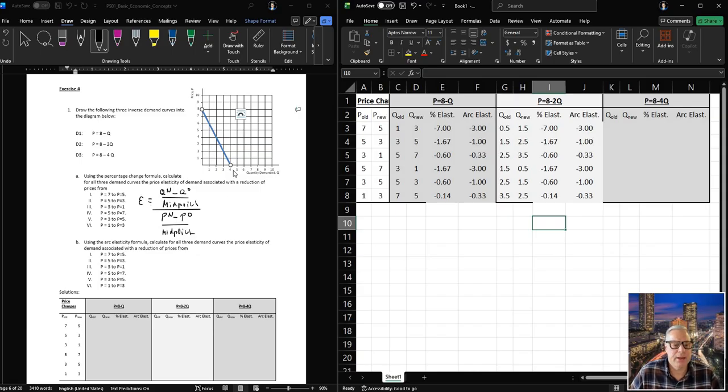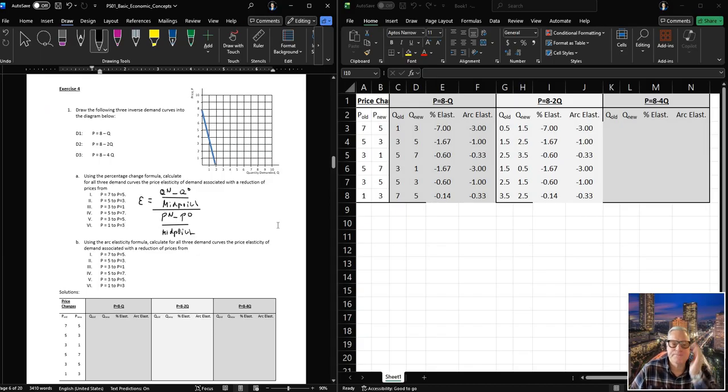So now let's go to the last one, and that should go fast. So 8 minus 4q. This is what the formula looks like. Now we can determine the old quantity.